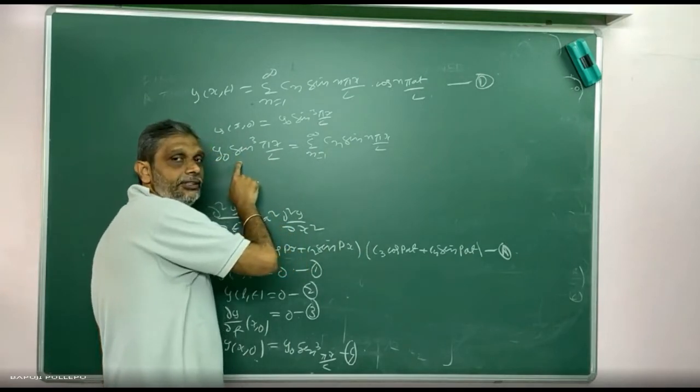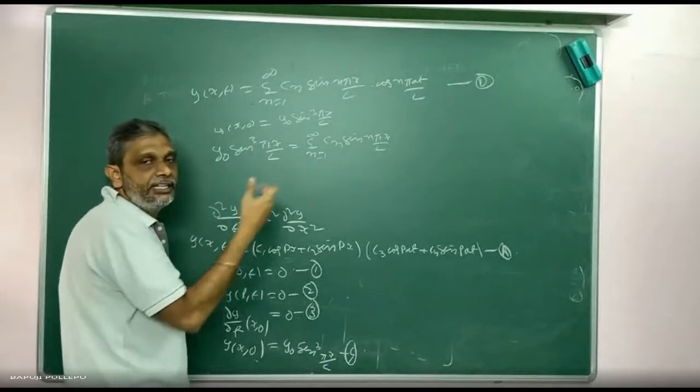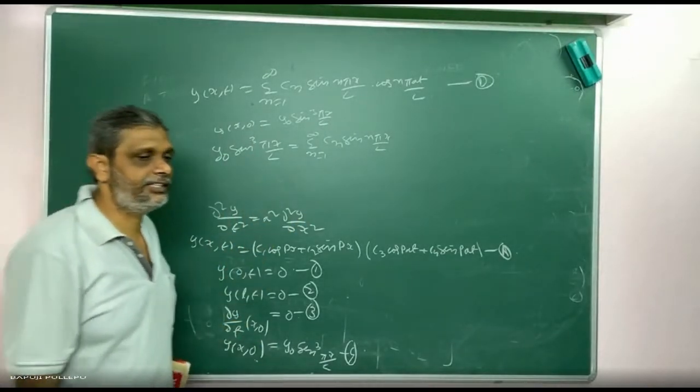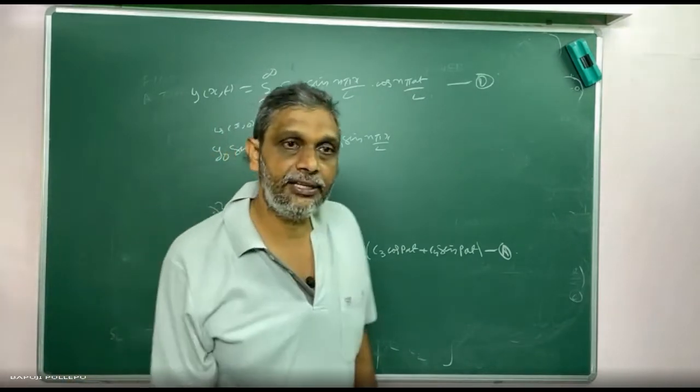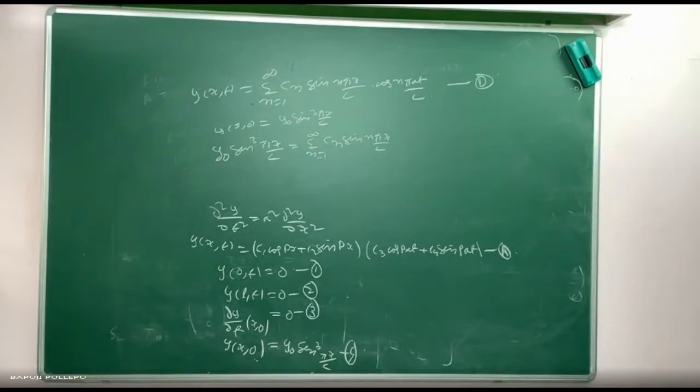So if I am able to change it to a sum of sines, then if I compare the coefficients on both sides my job is over. I don't want to go for the Fourier series because right side also sin, left side also sin. If I expand both sides, this coefficient is equal to this coefficient, I will tell you. Correct? Okay? Say yes or no? Yes, sir.